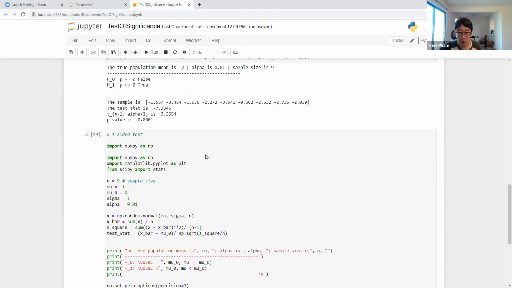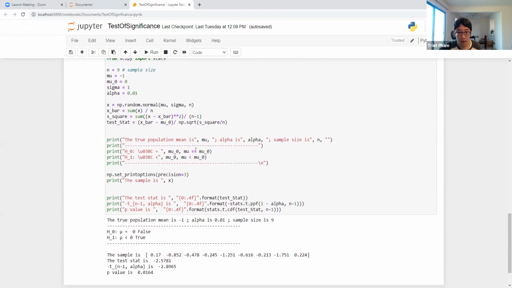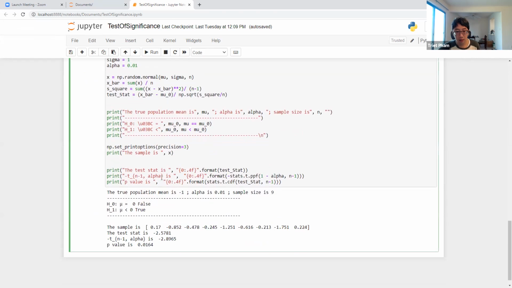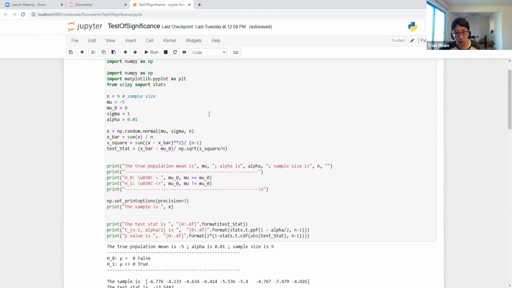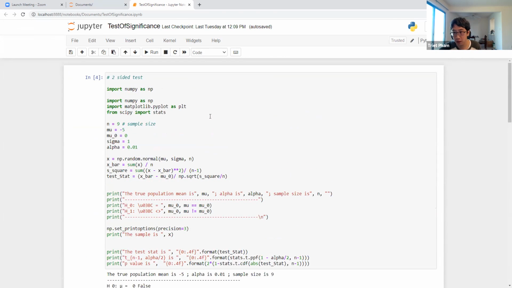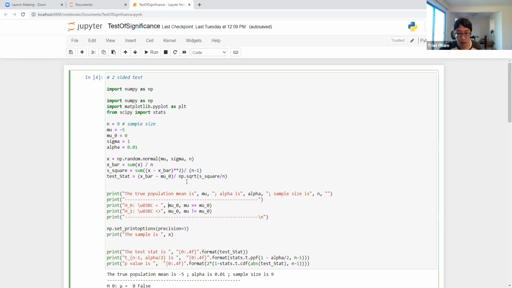So when you go to the one-sided test, oh, now that you're curious, it's very easy. And this is why, if you ever take a stat class that uses R or Python, what you would do is use this command right here. np is just the NumPy library.